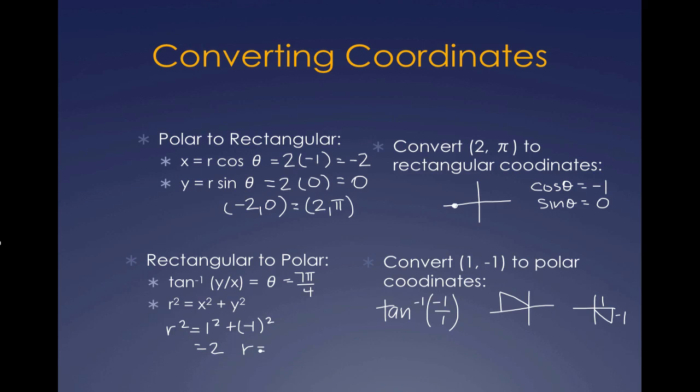So r equals the square root of 2. So now we've got the polar coordinates of square root of 2, 7 pi over 4. We have converted our rectangular coordinates of 1, -1 to square root of 2, 7 pi over 4.